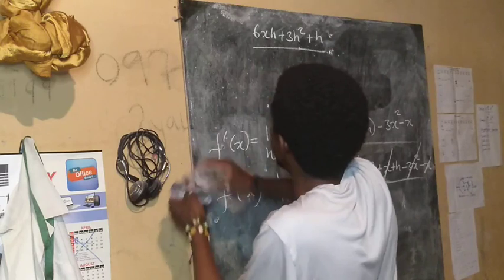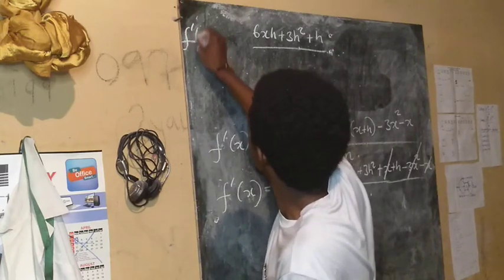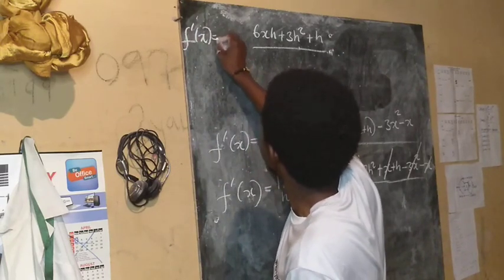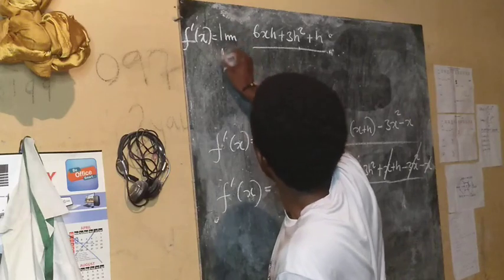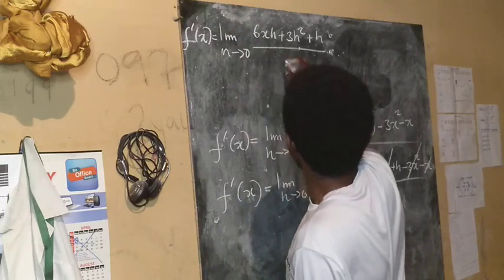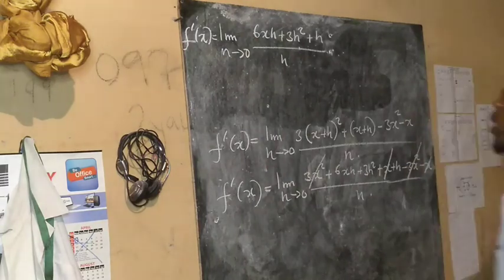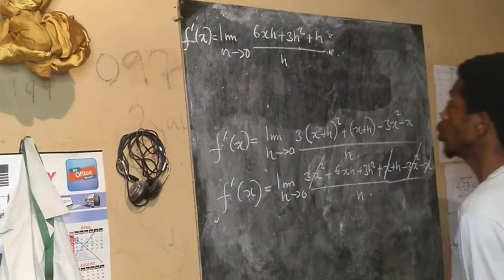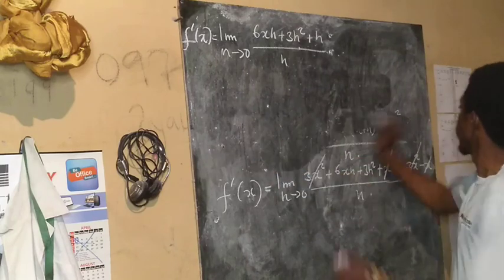Don't forget about the limit: f prime of x, limit when h is approaching 0, with the h standing like that. Then from there, I'll continue the mathematics.